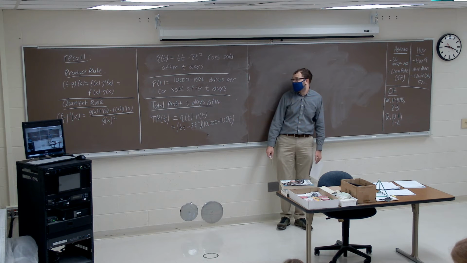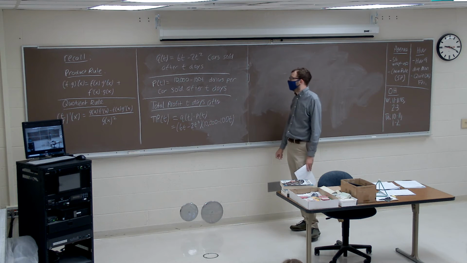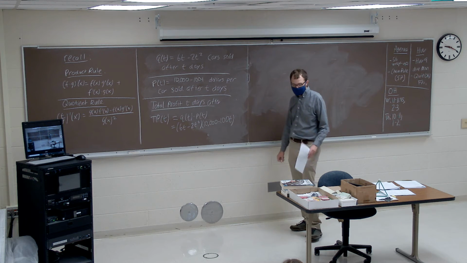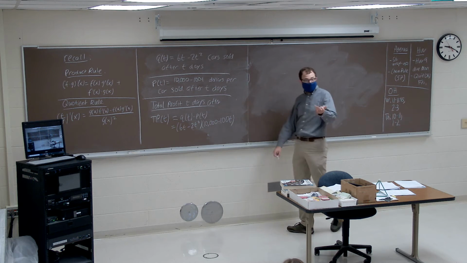Dollars, days, dollars per day, cars per dollar, days per car, meters per second. Again, multiply the units of Q of T and P of T together, it would be dollars per car times the number of cars, so it would just end up being dollars. Yeah, I think that's a good way to think about it.